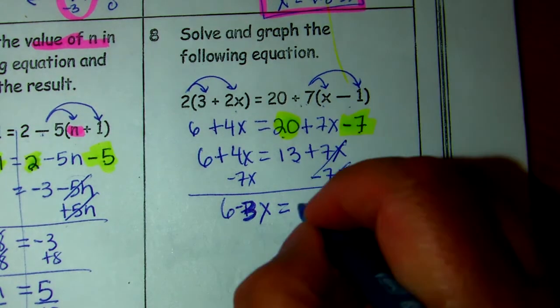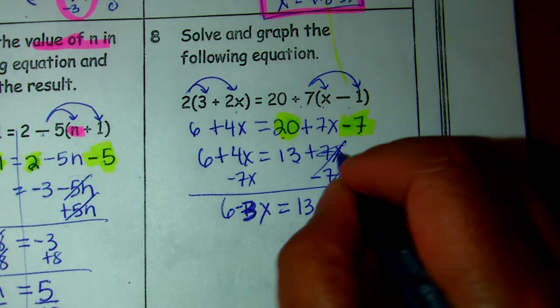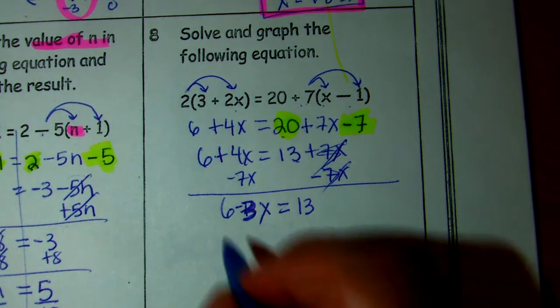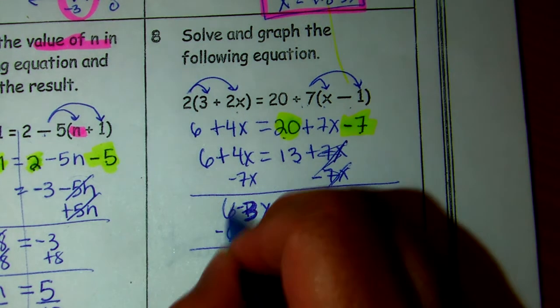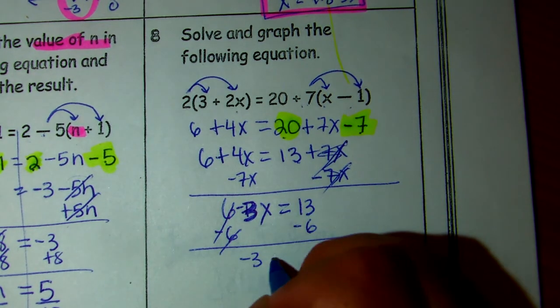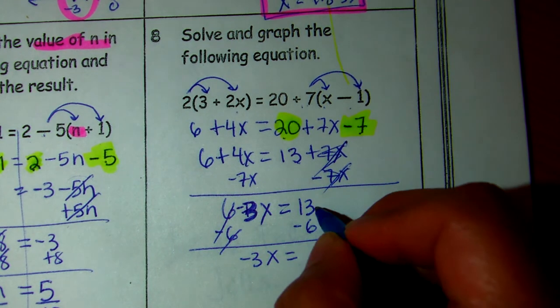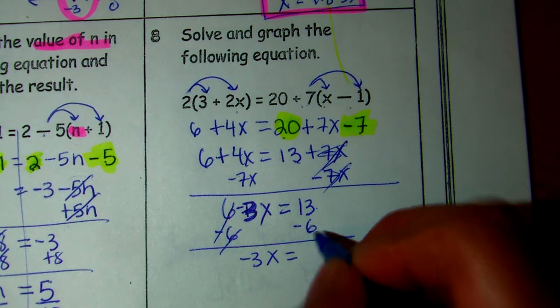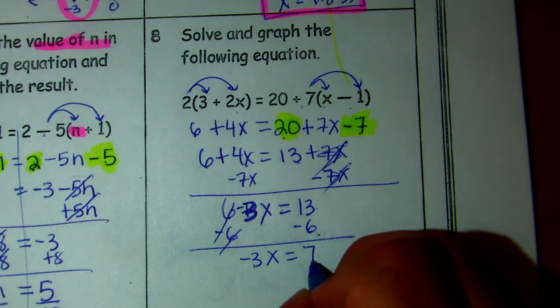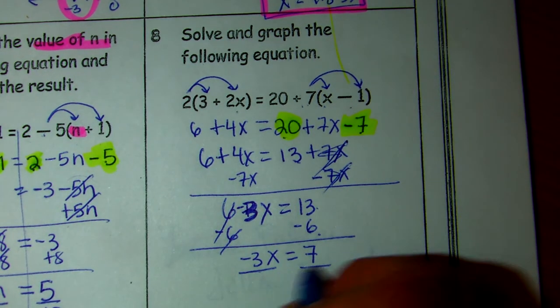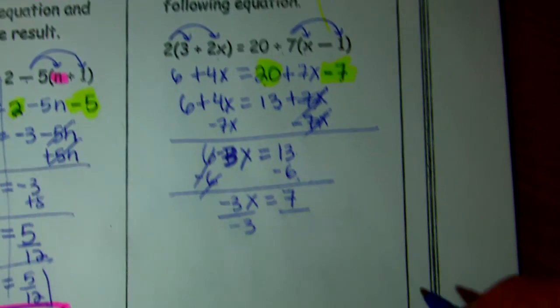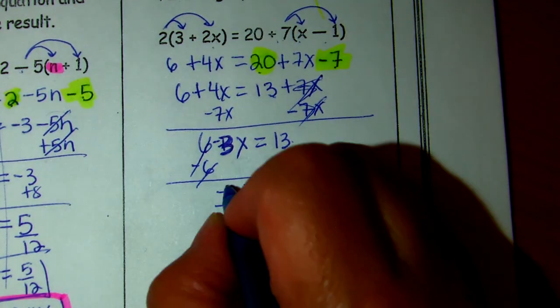So I'm going to subtract 6, subtract 6. Cancel, cancel. Negative 3x. 13 minus 6 gives you 7. Okay, divide by negative 3, negative 3. This becomes a 1, and x equals, do we need to graph?